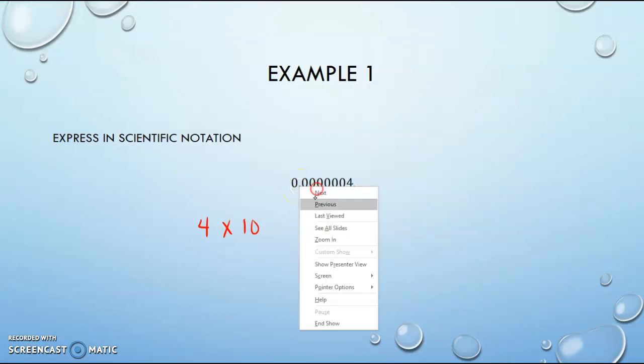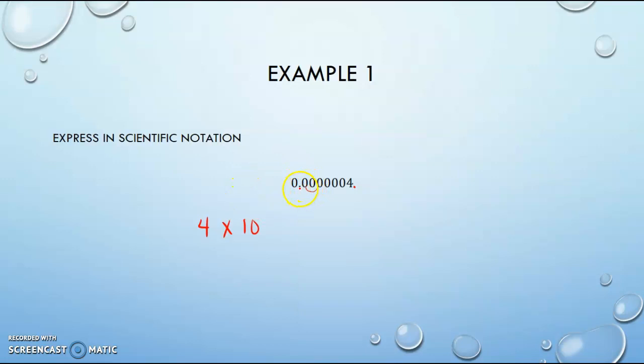So 1, 2, let's try this again. 1, 2, 3, 4, 5, 6, 7 decimal moves. And since this starts out as a decimal, we're going to have negative 7 as our exponent. And that's how we write a number from standard form into scientific notation.